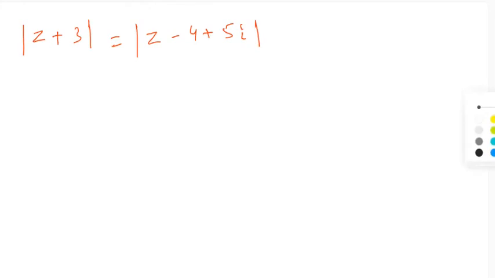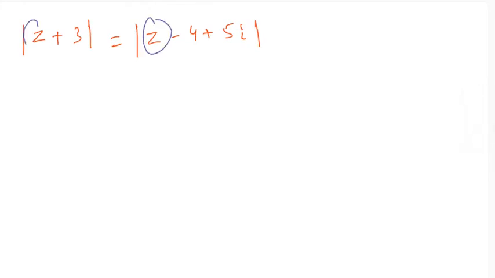Let's say you have z plus 3 on one side, and on the other side you have z minus 4 plus 5 iota. This is what you're given, and you want to find this locus. Where can this point z be? What are the possible positions of this point z?